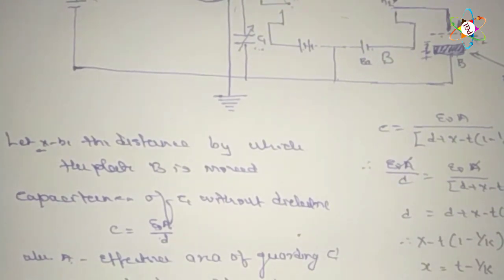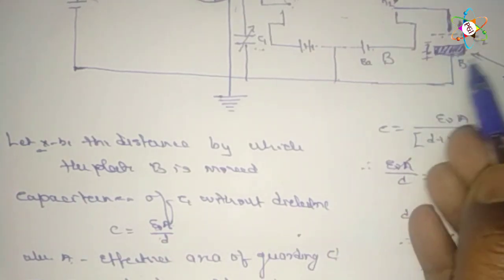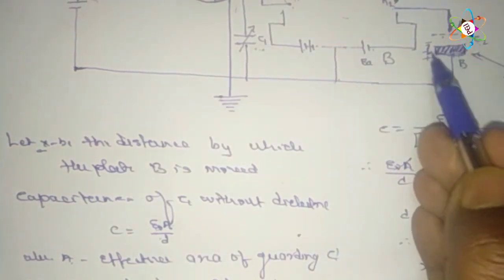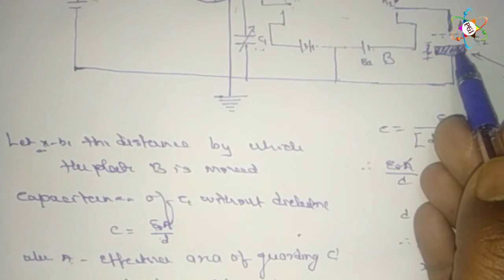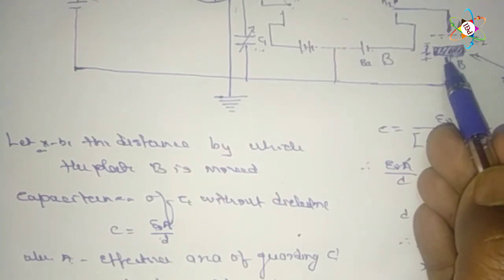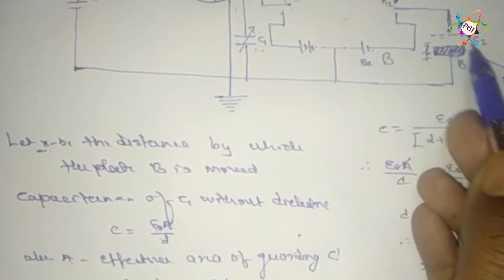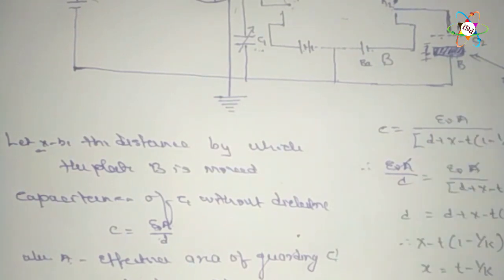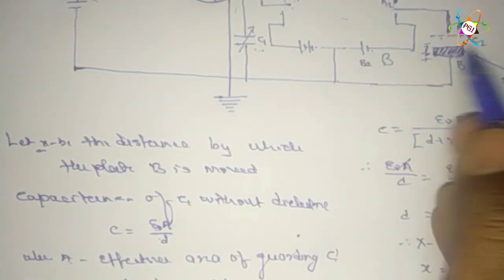The capacitance of C2 is after introducing the slab. So what is the capacitance of the slab when the electrometer shows no deflection?